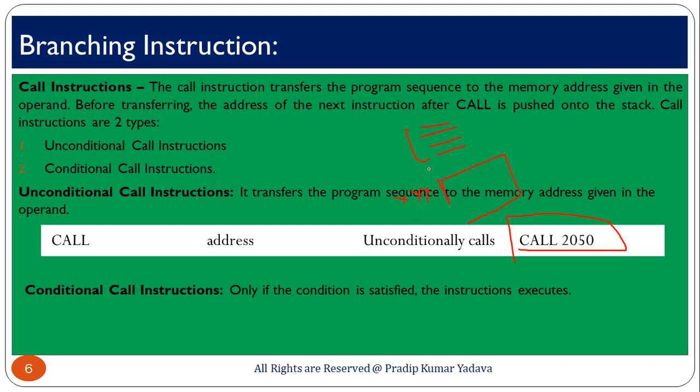Suppose you have used call here and given the address. The program will execute sequentially, and after this it will jump to the subprogram unconditionally, because we are not checking any condition here.